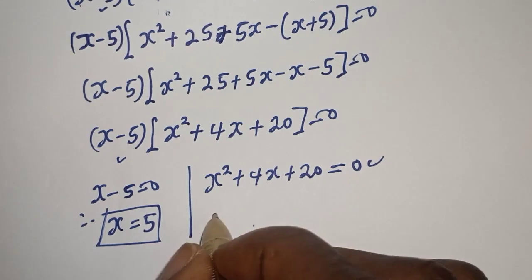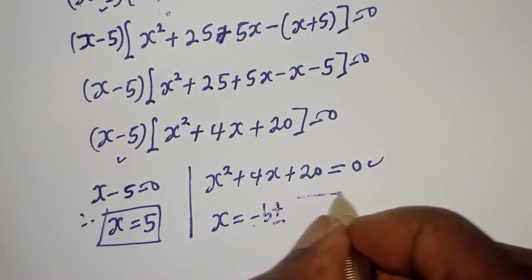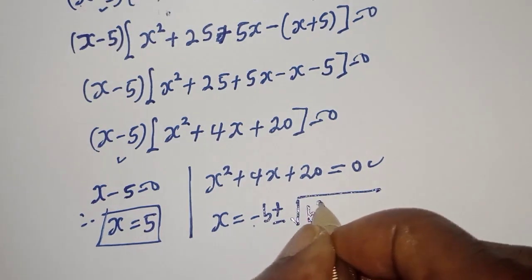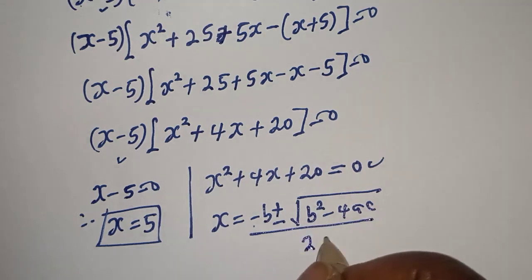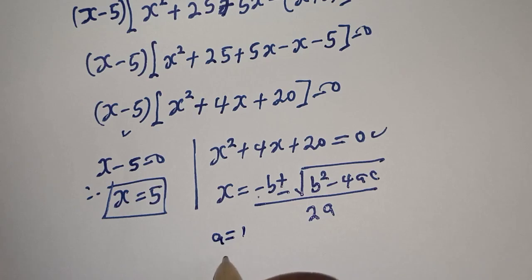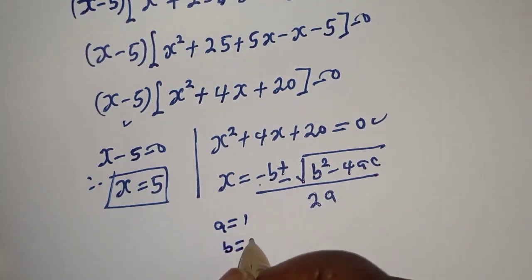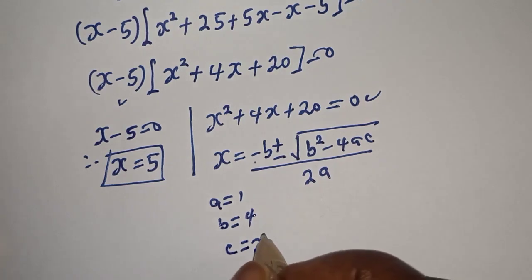Our quadratic general formula is giving us s is equal to minus b plus or minus square root of b squared minus 4ac, over 2a. And from this equation, a is equal to 1, b is equal to 4, c is equal to 20.